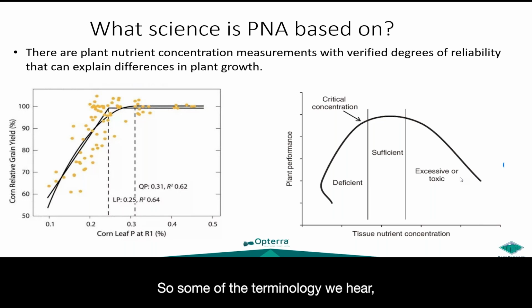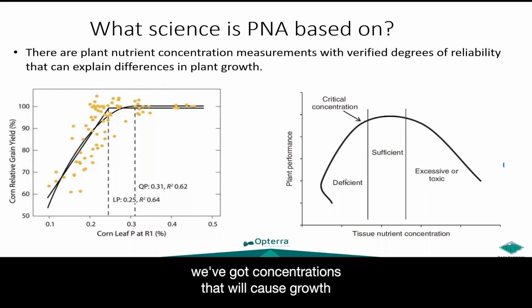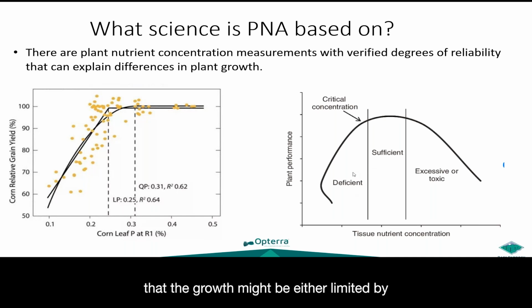So some of the terminology we hear: we've got a critical concentration, we've got a critical range, and either side we've got concentrations in the plant that would suggest that the growth might be either limited by that nutrient not being available or too much of it being available. So the science is there.